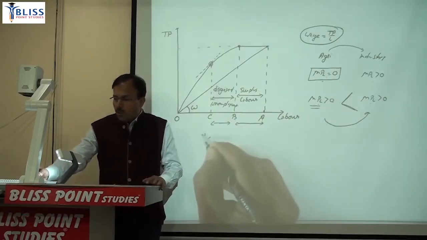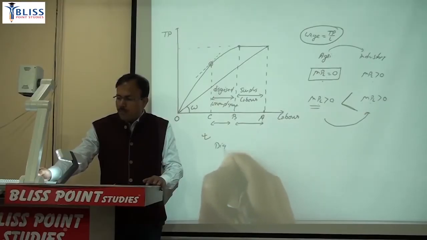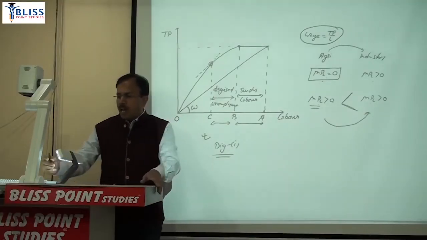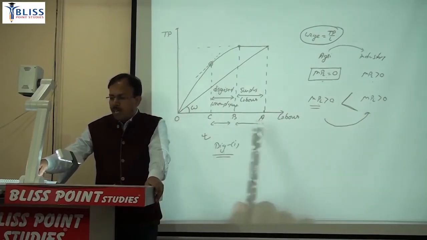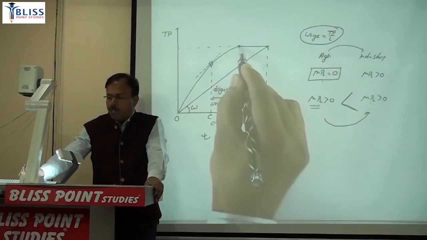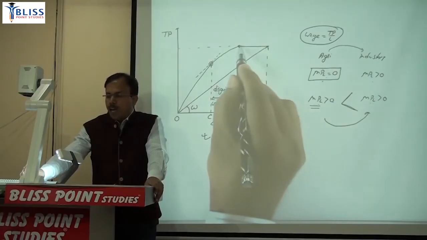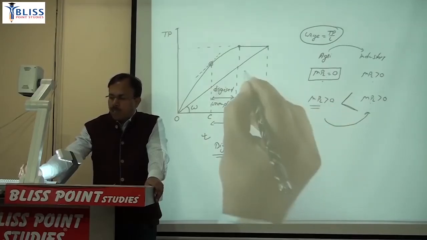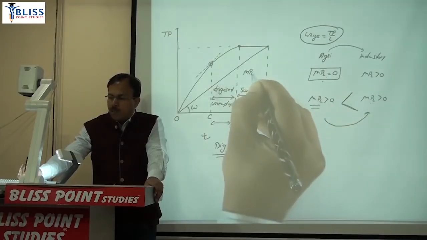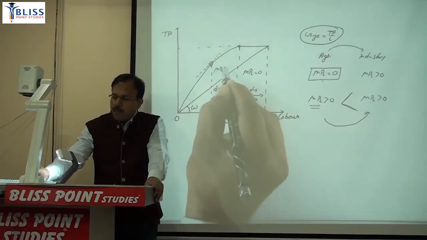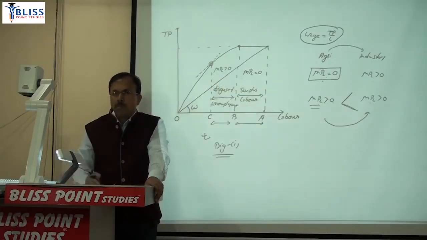So this is the first diagram in this model, which basically says that as there is more and more labor in agriculture, total product will increase. After reaching a point it becomes stable, and when total product becomes stable, obviously the marginal product in this range is 0, but here marginal product of labor is a positive number.